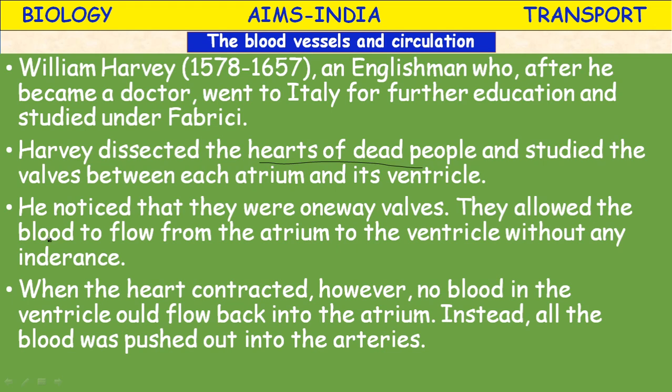Okay. So one thing you have to remember: the blood vessels which bring blood to the heart are called veins, and the blood vessels which carry blood away from the heart are called arteries. Okay, the blood flows from atrium to ventricle, upper chamber to lower chamber, but not from ventricles to auricles.